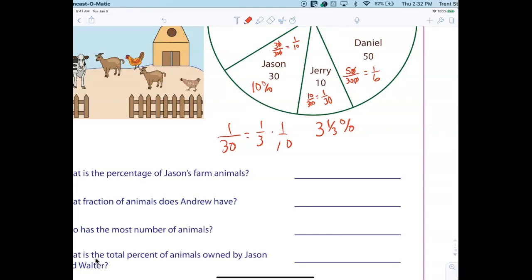And then if you divide by 10, you move the decimal over one place to the left. Is that making any sense? So now you know that 3 repeating is 1/3. Is everybody okay with that? So that's how I knew that 1/30 was the same as 3 1/3%.